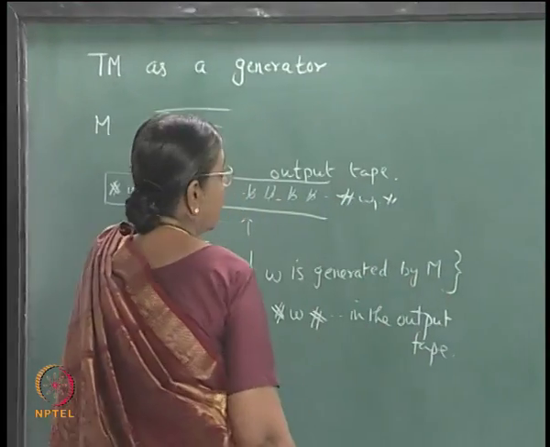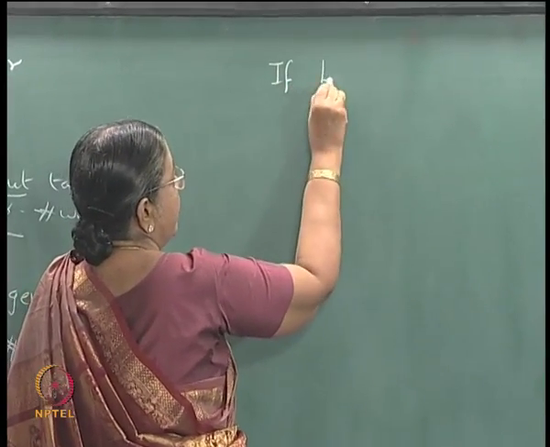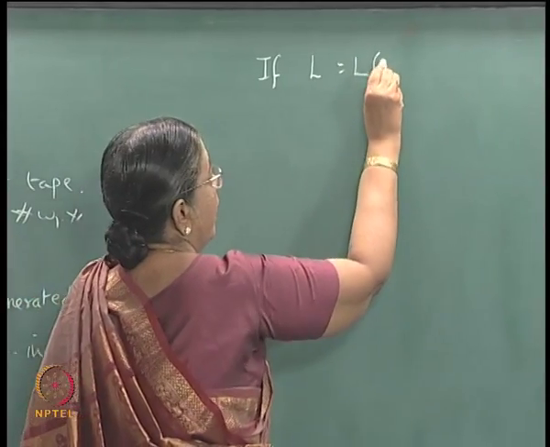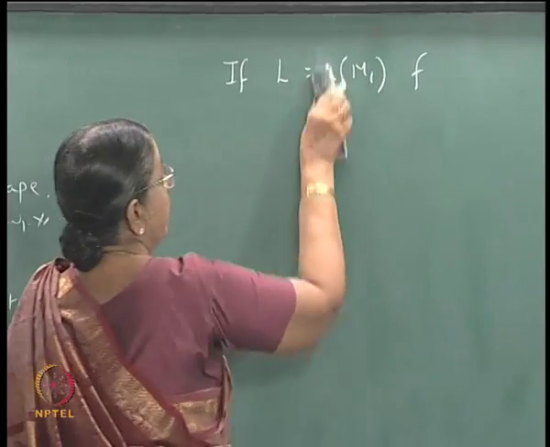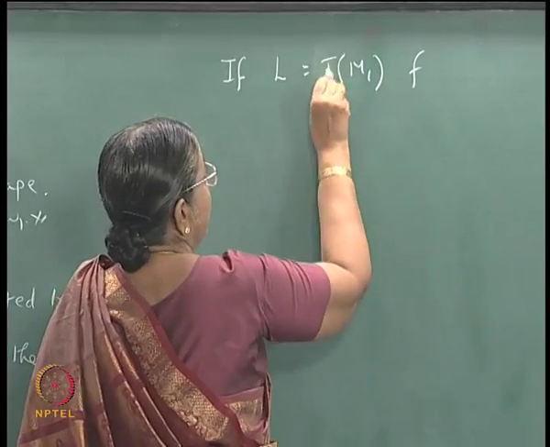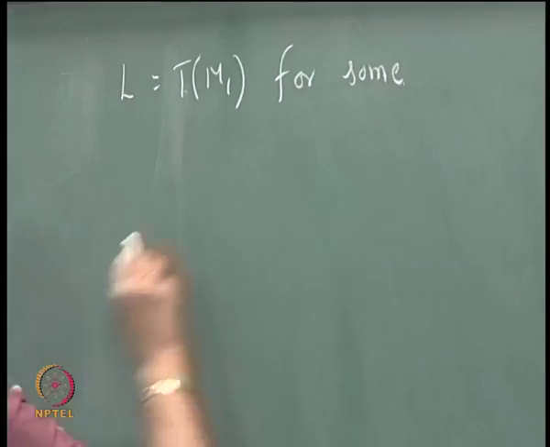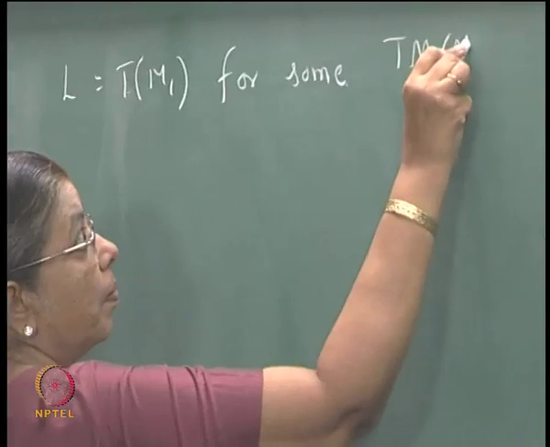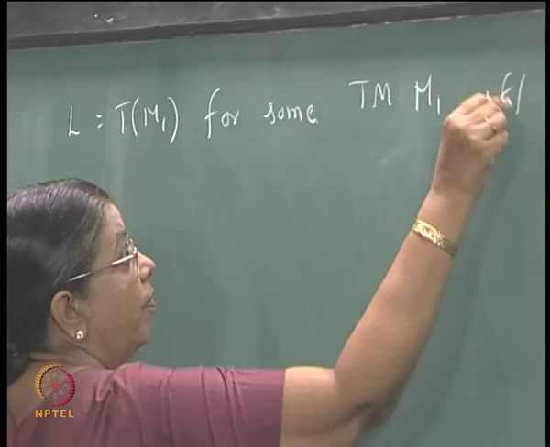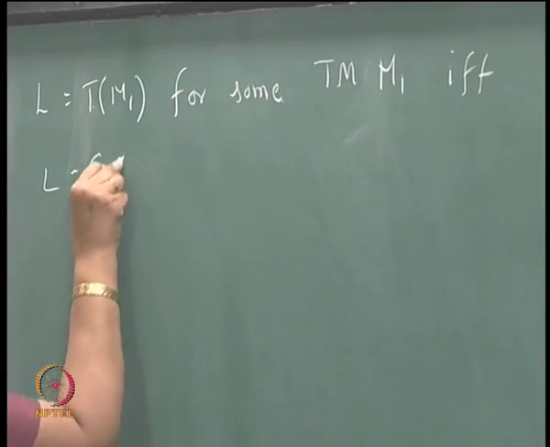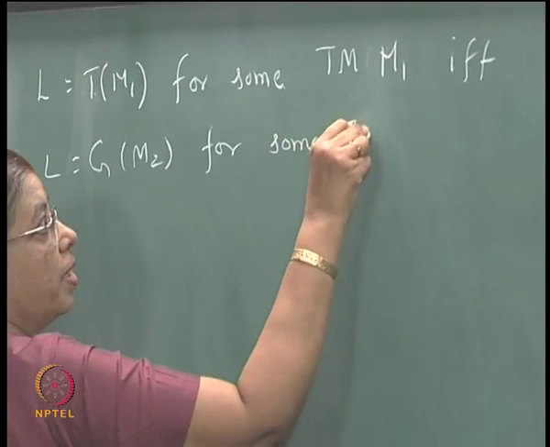So, the first thing is we want to show that L is equal to T of M1 for some Turing machine M1, if and only if L is equal to G of M2 for some Turing machine M2.